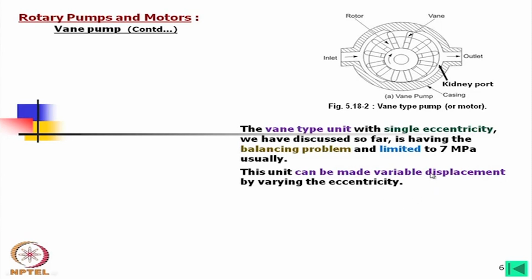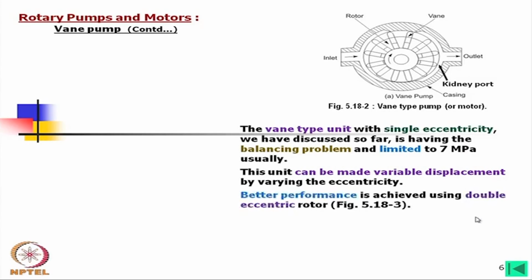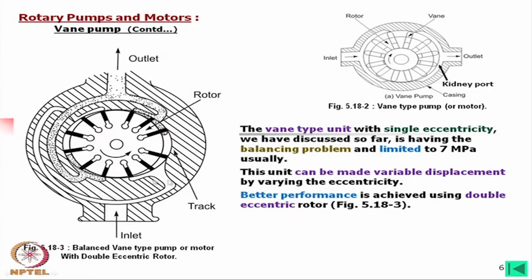We have already discussed that this can be made variable displacement by varying the eccentricity. Better performance is achieved by using double eccentric. What is it? In a double eccentric vane type pump, we can see that this cam, instead of circular, is like an ellipse, not exactly an ellipse, rather it is oval.